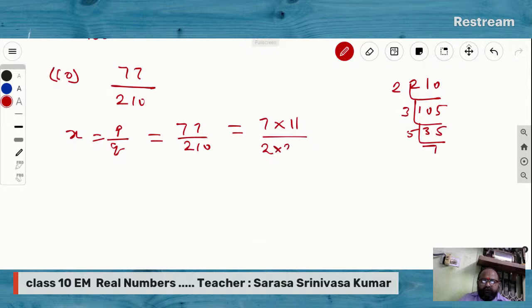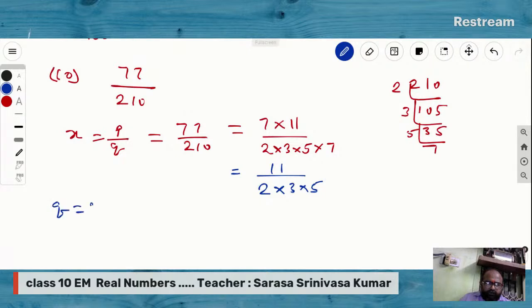So 2 multiplied by 3 multiplied by 5 multiplied by 7. Now we strike off the common factors. We get 11 by 2 multiplied by 3 multiplied by 5.